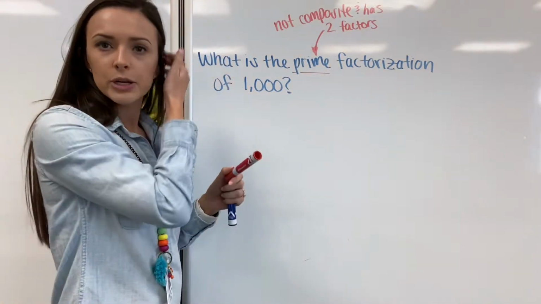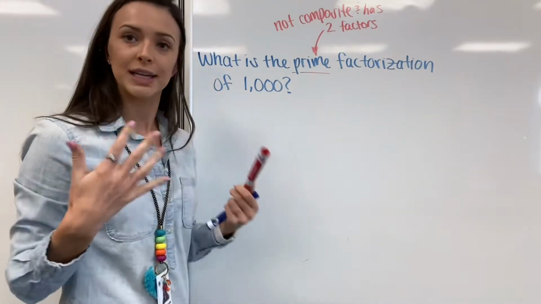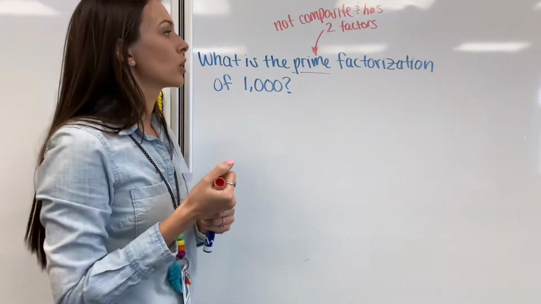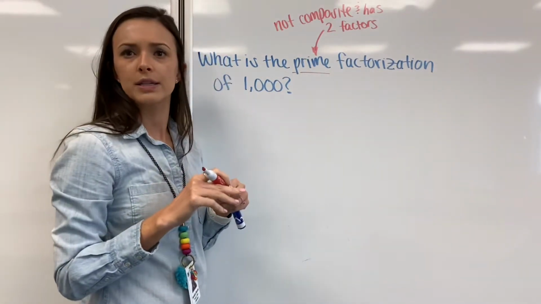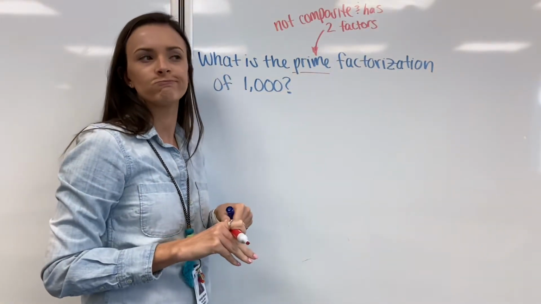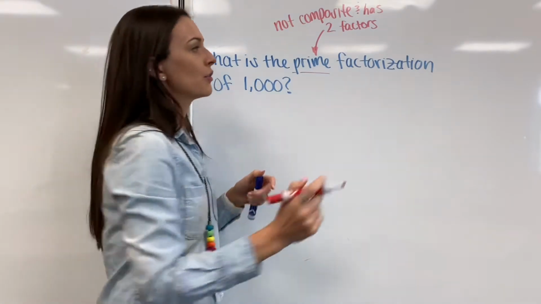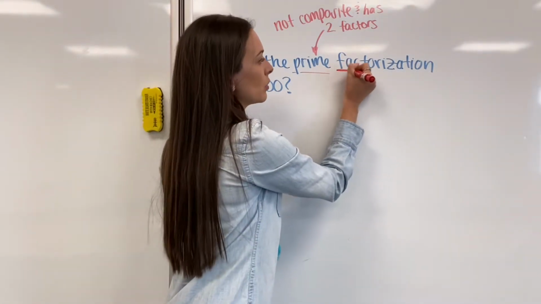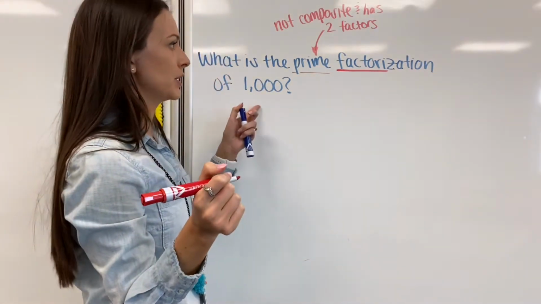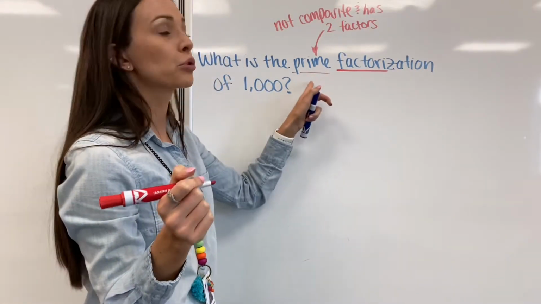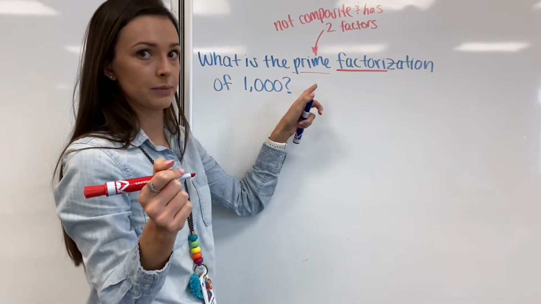Now, the last thing I want to talk about in this problem before we get started with the math is that word factorization. What's the root word of factorization? Factor. So we need to find the factors of this number to figure out what the prime factorization would be.